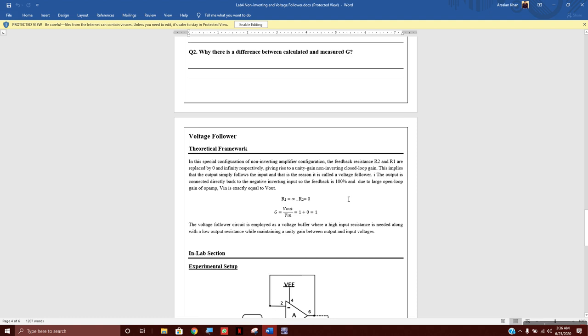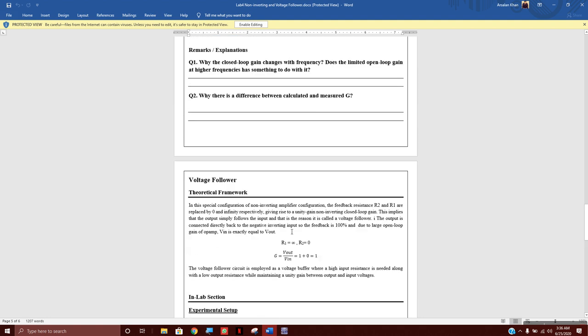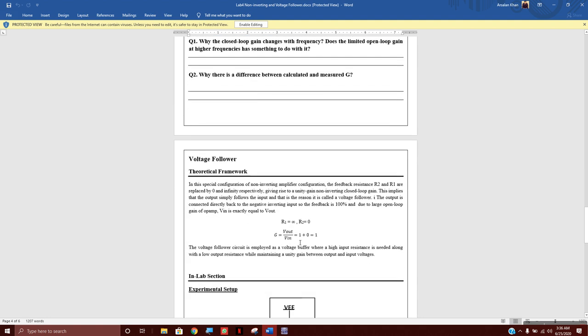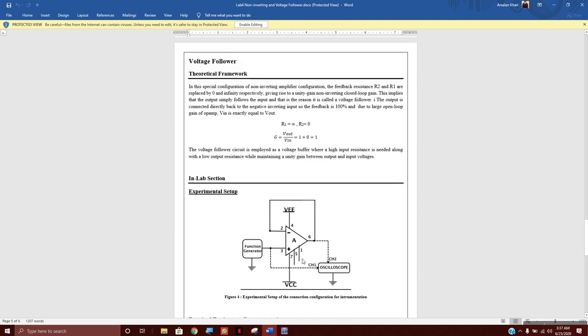R1 जो है वो infinity कहलाएगी, because you are replacing R1 by infinity and R2 by 0, because R2 is a short line. Okay, short circuited line है. यहाँ पर आपके पास R2 होता था, there is no more R2, which means इस line में जो आपकी resistance है वो 0 है.